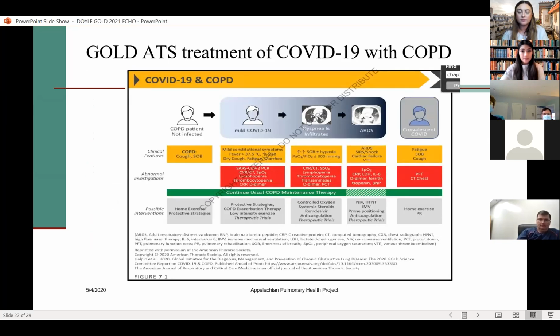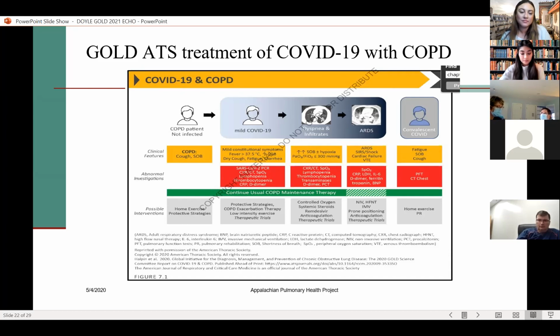This is their figure 7.1, a treatment overview for COVID-19 in COPD, and they actually reprinted this from an ATS article. So this is an American Thoracic Society figure that GOLD grabbed and put into their report.